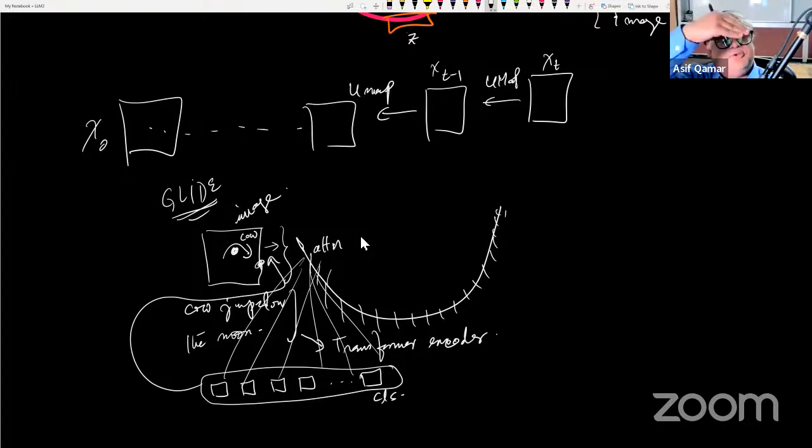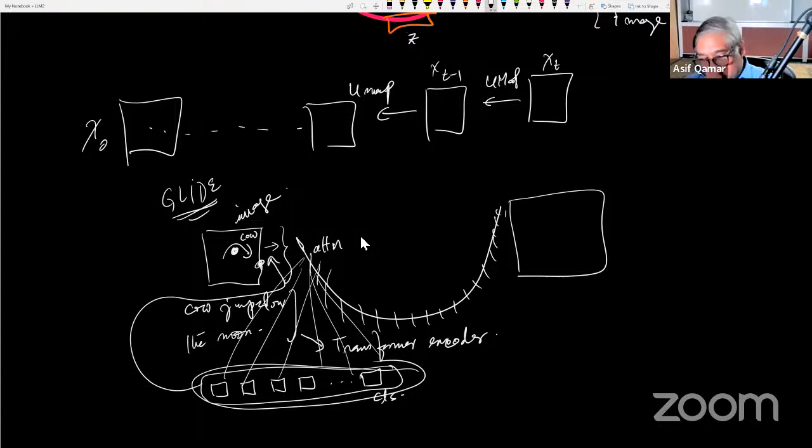When you reverse diffuse it, you can leverage the same text conditioning to direct the backward journey, so long as you have a text available to you. Right? Because it knows how the noise addition will be conditioned on this text. Are we together? So this is it. You train the network using this.